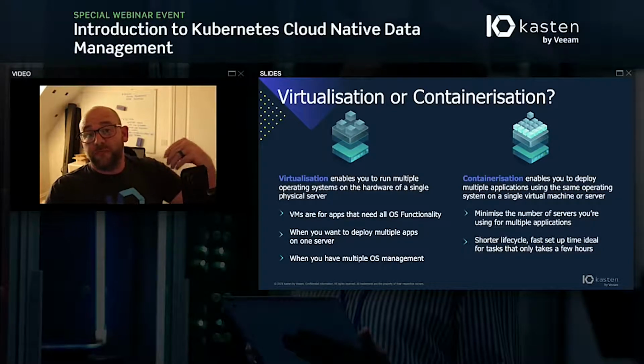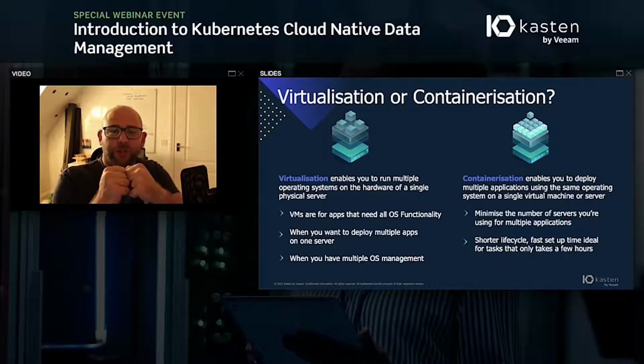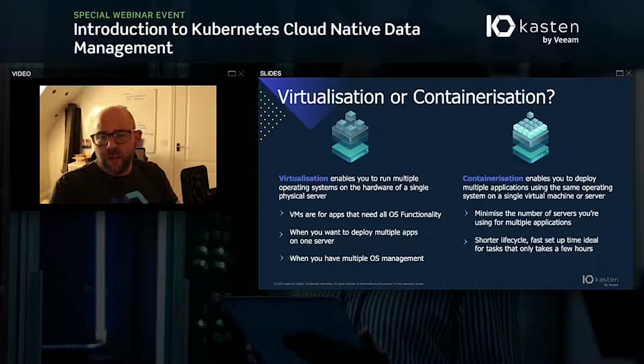When you want to deploy multiple applications that tend to live together on one virtual machine, virtualization is the way to go. But when also you have a wide variety of different operating systems, you potentially want to look at virtualization because of the nature of being able to split out and manage multiple operating systems on any virtual machine.